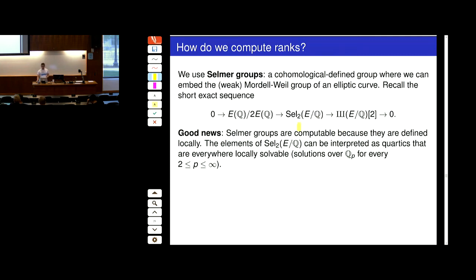The Selmer group is something that is homological, therefore a little bit scary to think about. But once you actually go down into the details, it's very computable. It only requires local computations. It only takes finitely many primes of local computations. So it's actually very nice to work with.